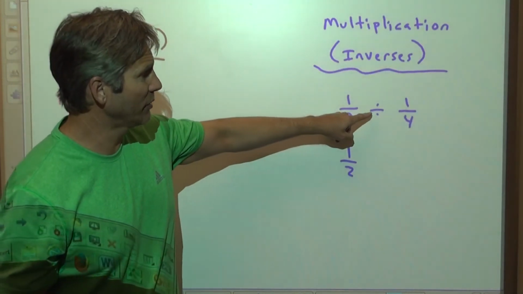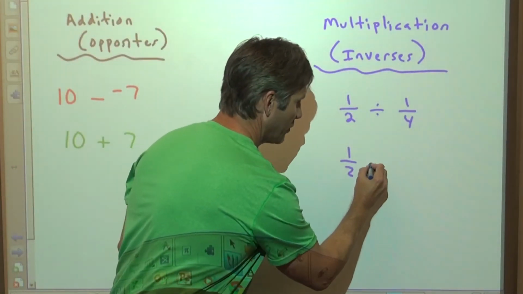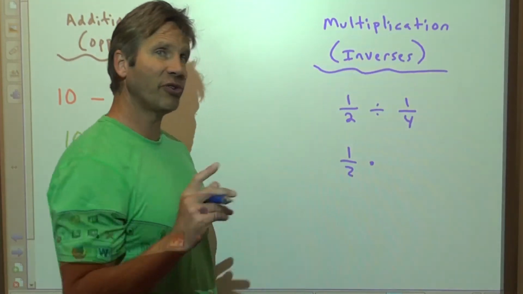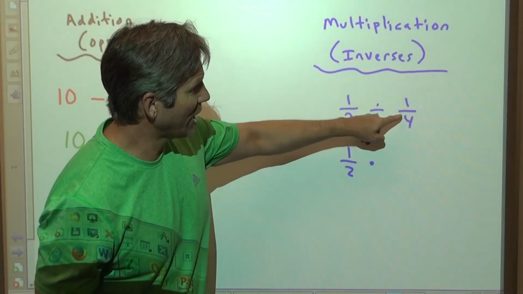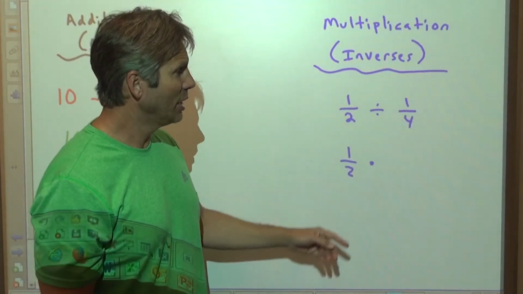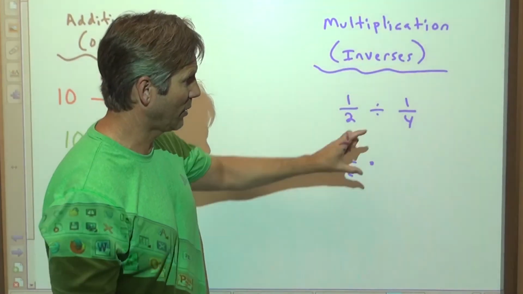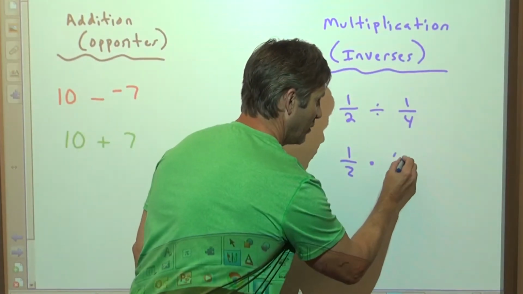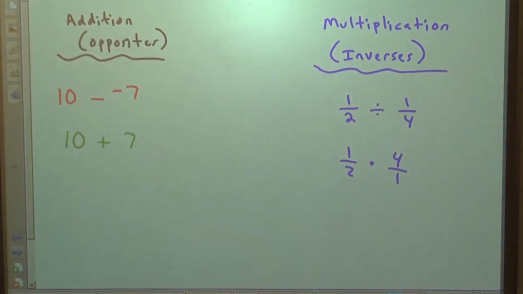But we are now about to change division to its opposite operation, which is multiplication. If we do that, we're okay to get an equivalent problem if we change the 1/4 to its opposite under multiplication. But its opposite is called its inverse, or its reciprocal. So we flip it. So this becomes like this, and that's the big idea, ladies and gentlemen.